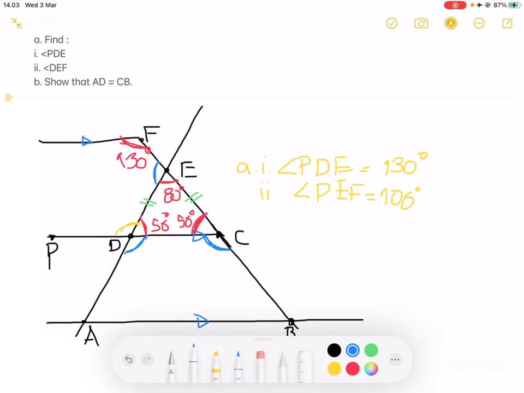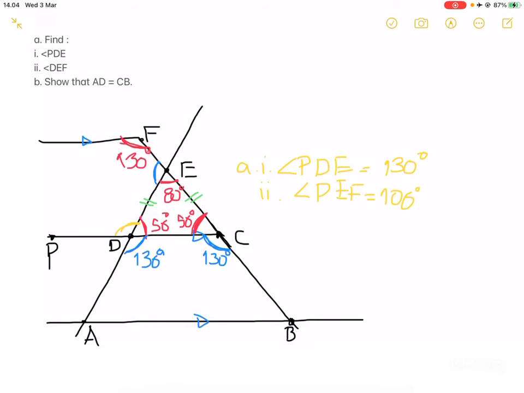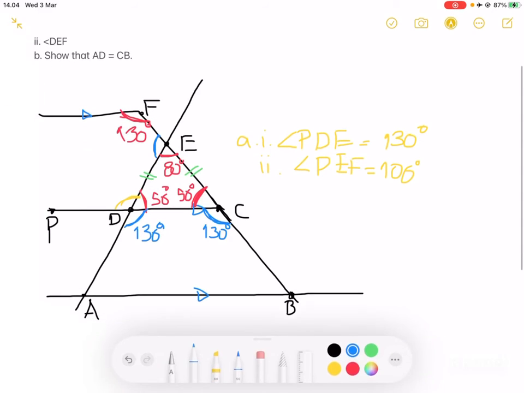By the sum of all angles on a straight line being 180 degrees, you know that these angles are both 130 degrees. And since we know by interior angles in here and this segment right here, this angle must be equal to 50 degrees.